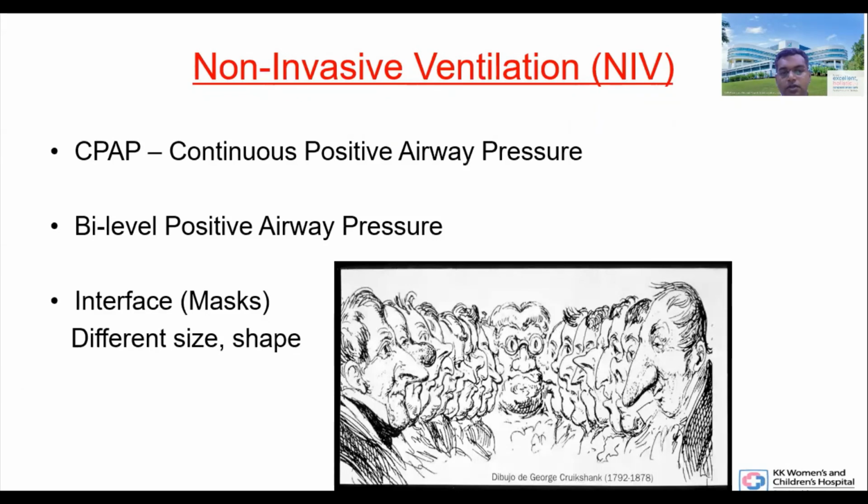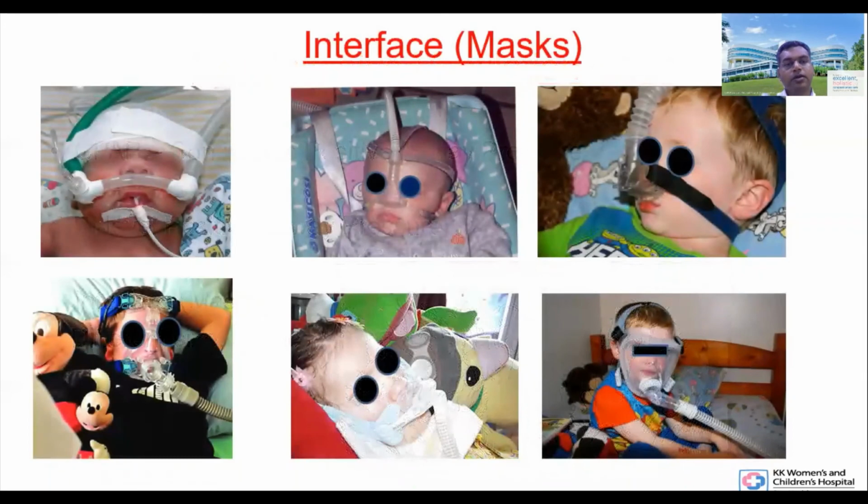Everybody's face is different, and the size and shape is different. So not one mask will fit every nose. So we have different masks for different age groups. On the left top, you see a neonate with a nasal prong delivering CPAP, and this is a nasal mask in an infant.